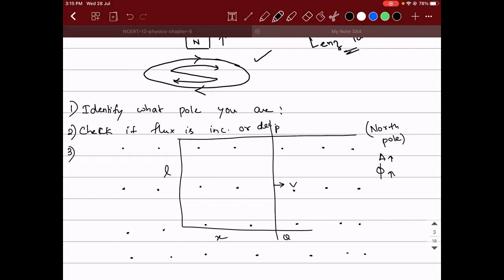The third step is, if flux is increasing, then you have to write the same pole as you are. If flux is decreasing, then you have to write the opposite pole as whatever you are. In this case, since flux is increasing, same polarity, you're acting like which pole? South pole.